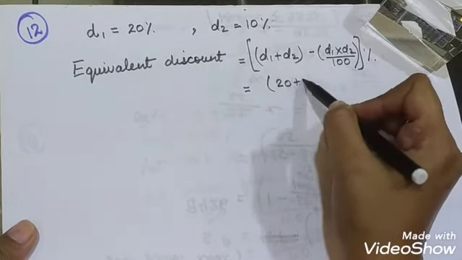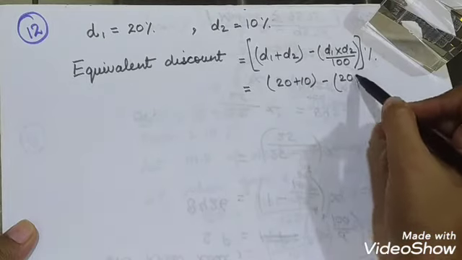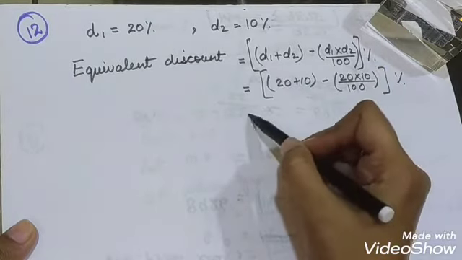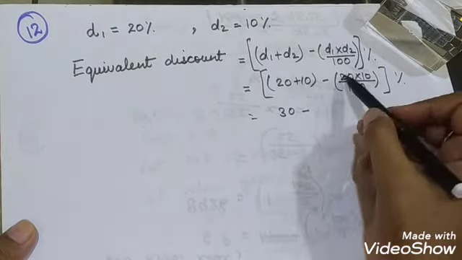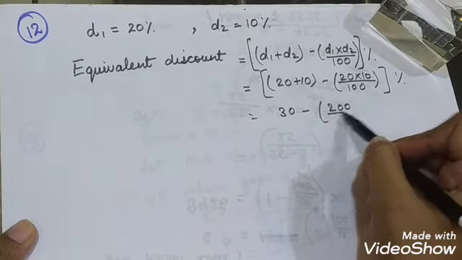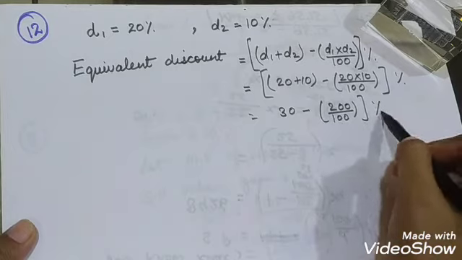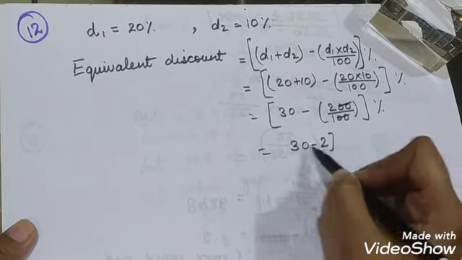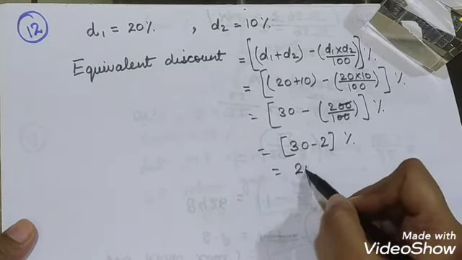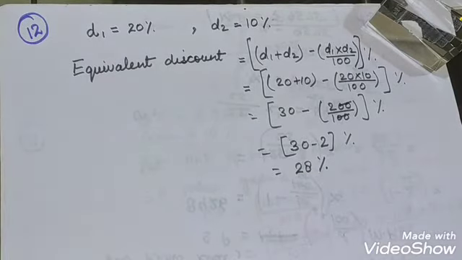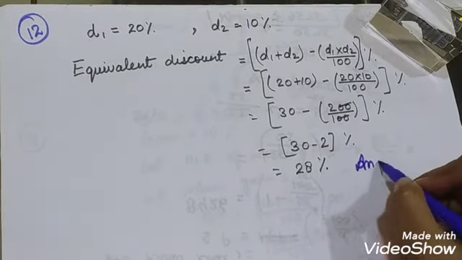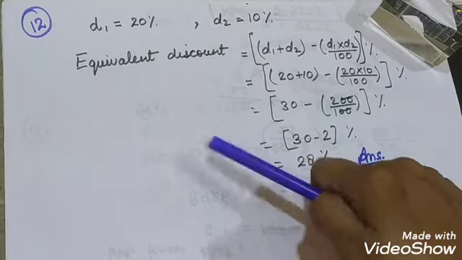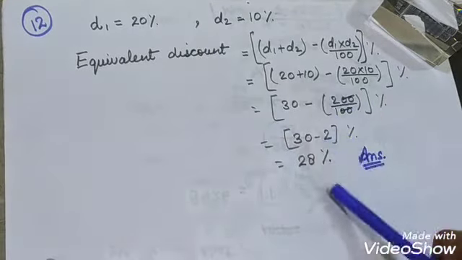So 20 plus 10 minus 20 into 10 upon 100, in percentage. It will come out to be 30 minus 200 upon 100, in percentage. Zeros and zeros cancel each other. 30 minus 2 percentage, which is equal to 28%. So your answer will be 28%. Means an equivalent discount to D1 and D2, means 20 and 10%, is 28%.